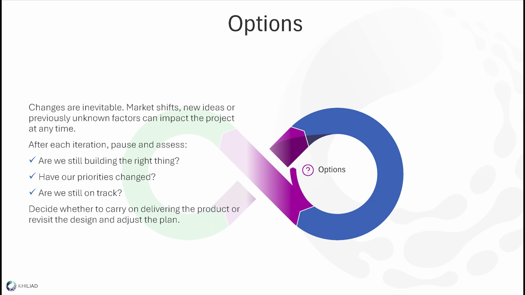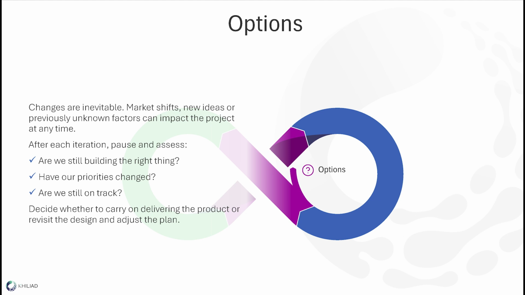that at end of every iteration, at end of every cycle, we ask ourselves, are we still building the right thing? Has anything changed? Was there a change in priorities? Was there a change in user requirements? Some new information came.